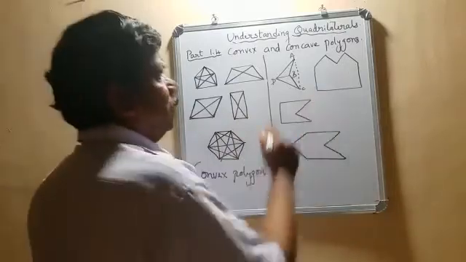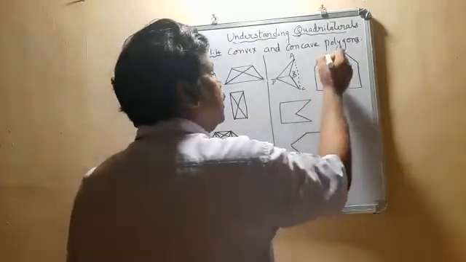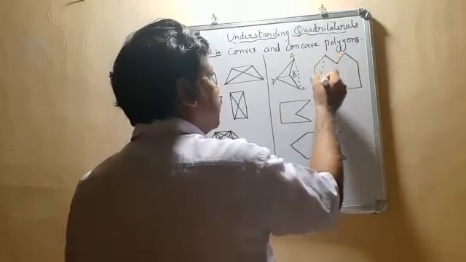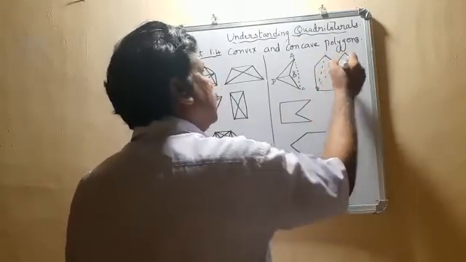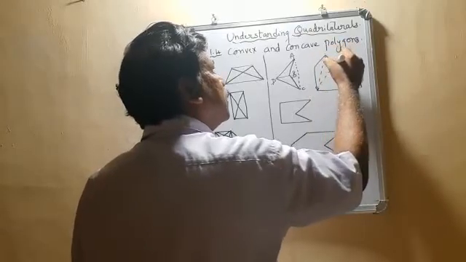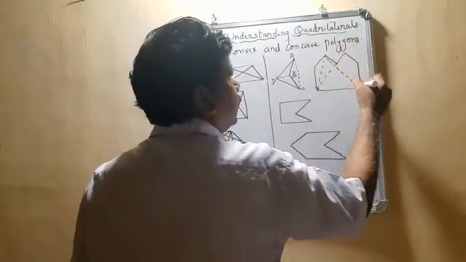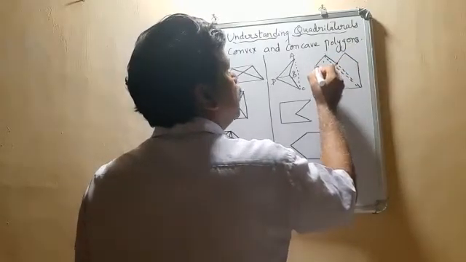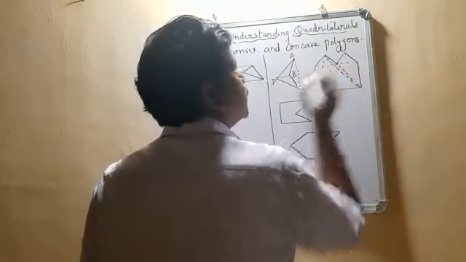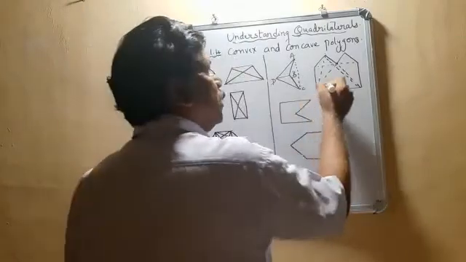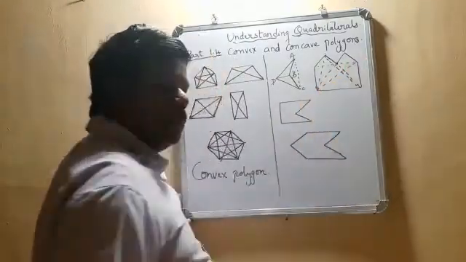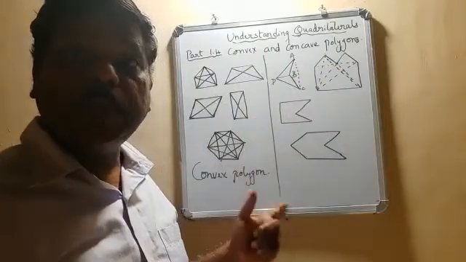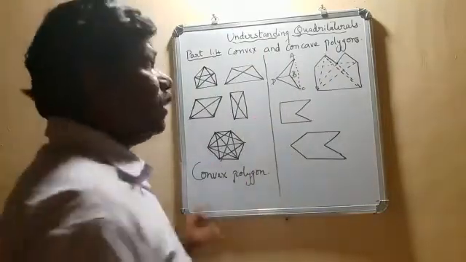What about this then? All these points, if I join like this, like this, we can join these two points, these two points. I can join in many different ways, right? But all of them are in the interior, but there is one place where it will be in the exterior. Where is it?